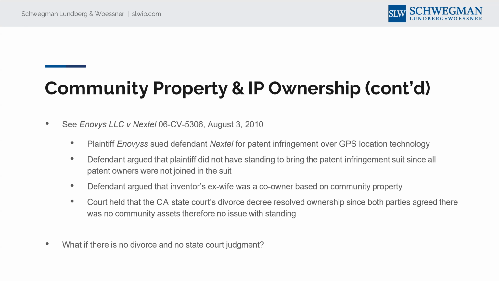However, this case had a divorce. The divorce happened before the case, and there was a decree resolving ownership, so it was excluded from community property. But one wonders, what if there was no divorce, no state court judgment? How's ownership divided for an unassigned patent that's in a marriage?